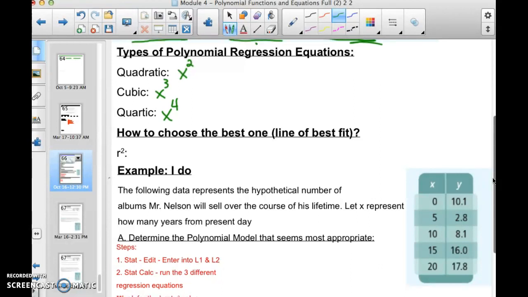And then R squared is going to come into play a lot in this process, because R squared is going to be the way you choose which one of these three regression models to use. All right, so R squared is called the correlation coefficient.